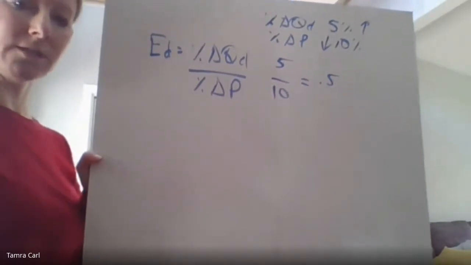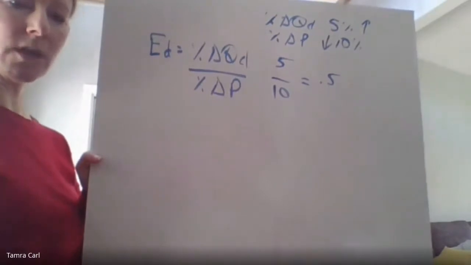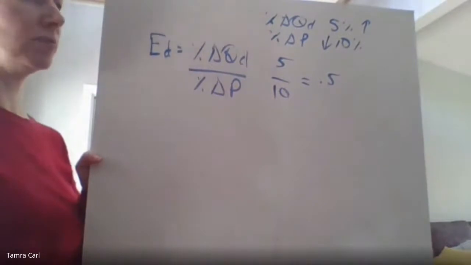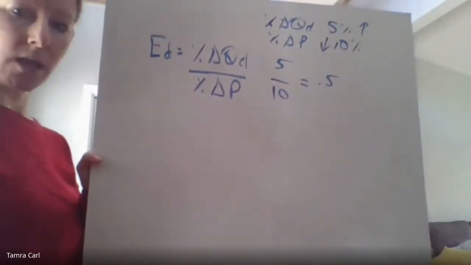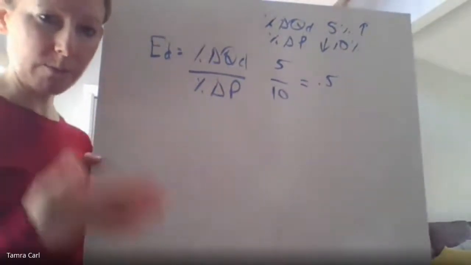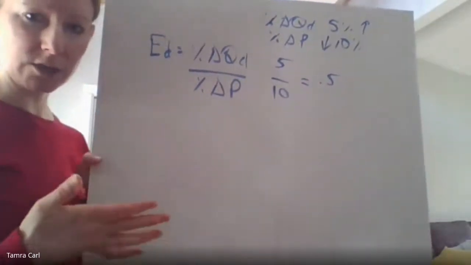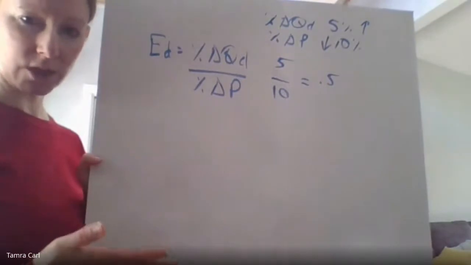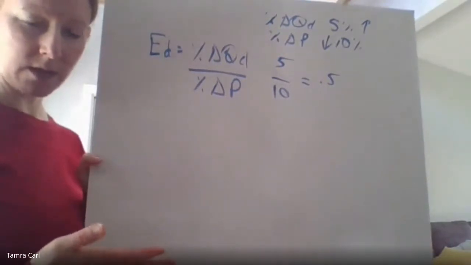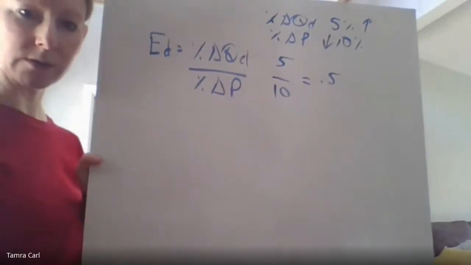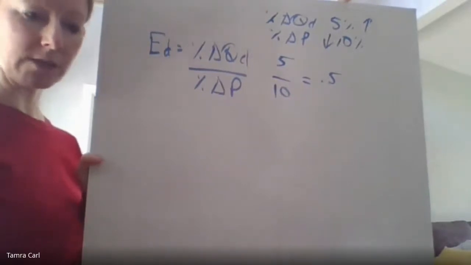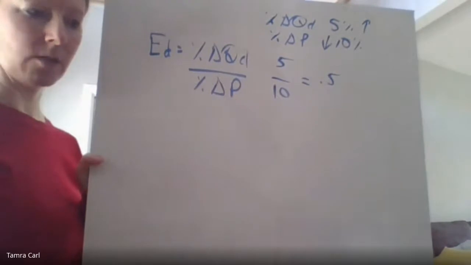When a good is inelastic, consumers are less responsive, and therefore the percentage change in price is greater than the percentage change in quantity demanded. I would always be going back to percentage change in price over percentage change in quantity demanded when I am talking about things. Okay, so that's what I'm doing with elasticity.